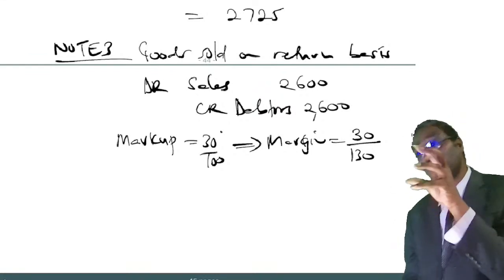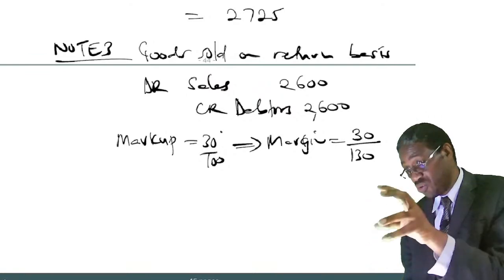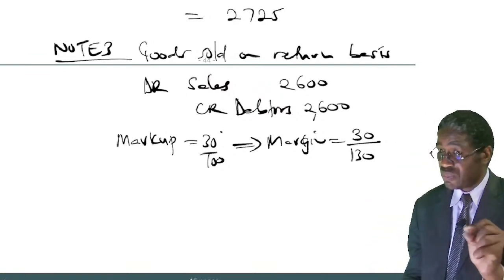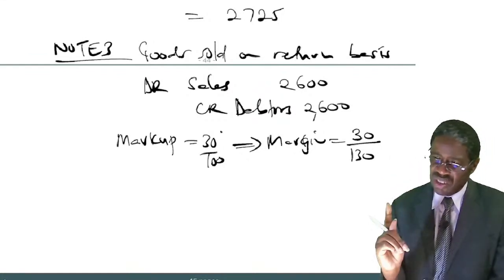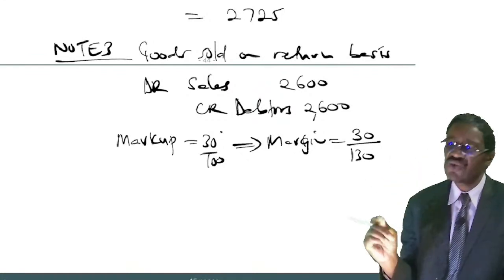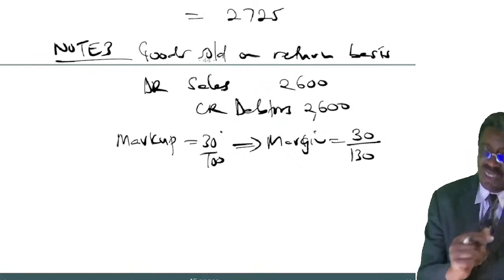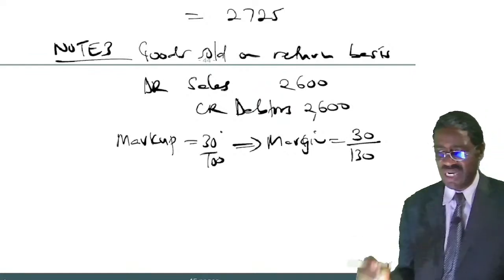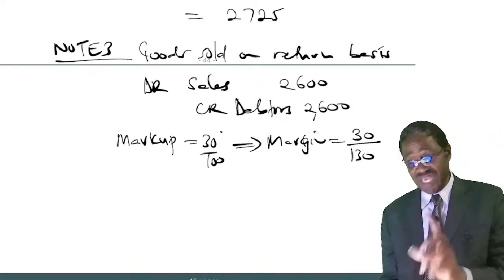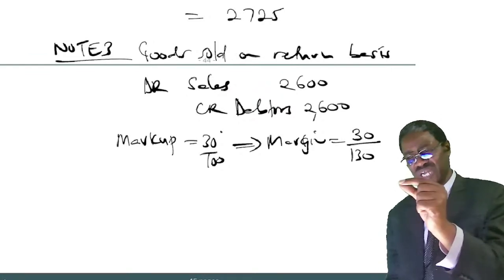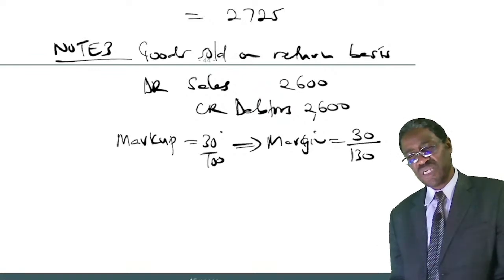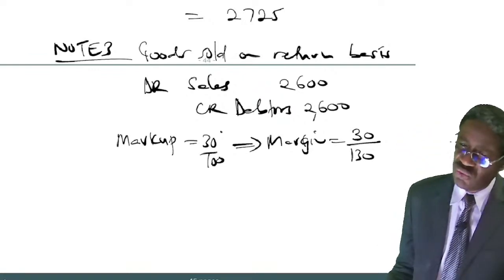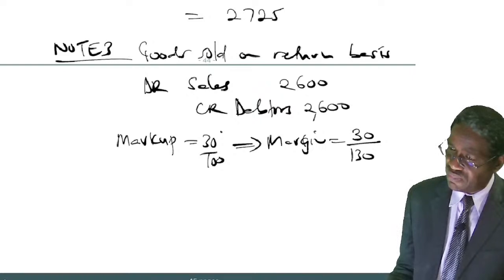You will be forced to convert your margin to markup. If you are given margin and you want the markup, just maintain the numerator as it is, then take that numerator and subtract it from the denominator. That will take you to the markup.